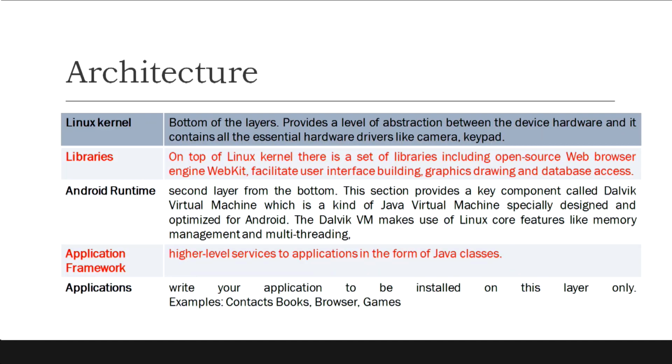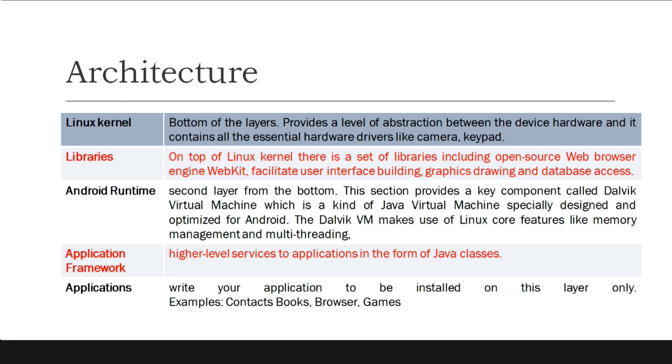The next component is architecture. The first, bottom layer is the Linux kernel. The Linux kernel acts as a level of abstraction between the hardware and the software needed for the current application. The Linux kernel supports a wide variety of hardware drivers like camera, keypad.